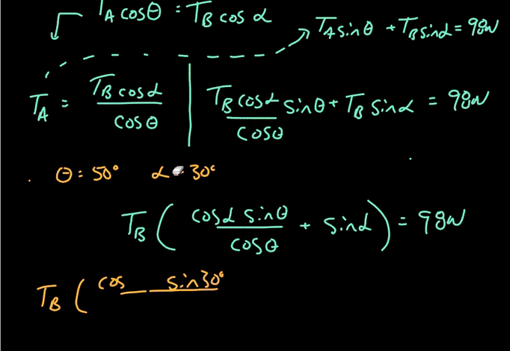That should be cos alpha, and that should be over cos 50 degrees. And then we get plus sine 30 degrees equals 98. What did I do wrong? It is sine 50, thank you.